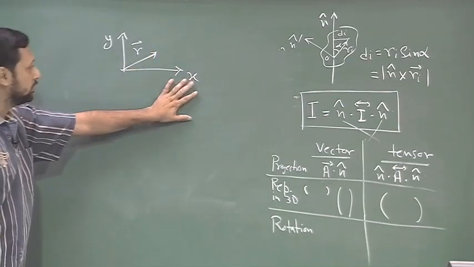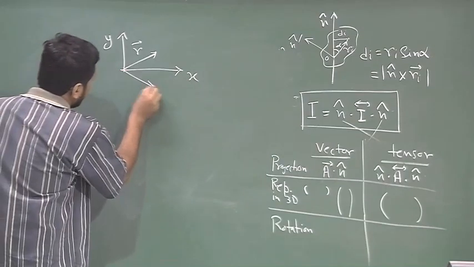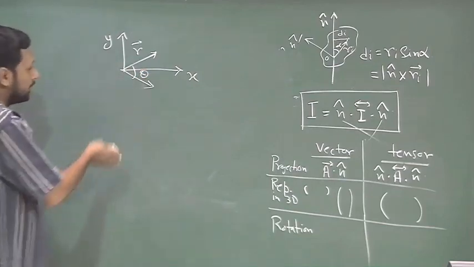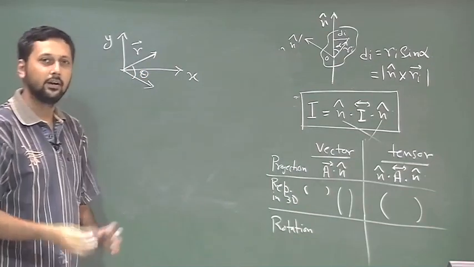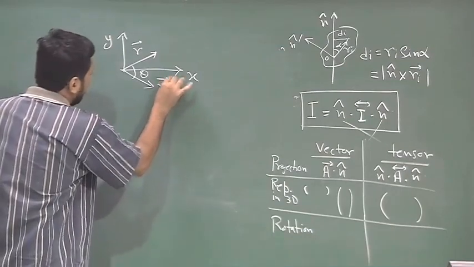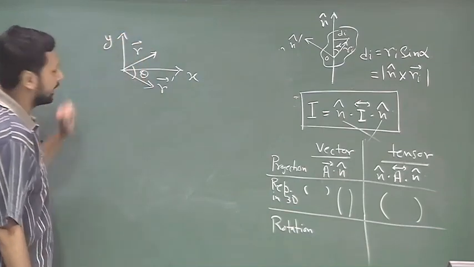I am just taking 2D because it is easy to demonstrate. Now, we want to rotate it by some angle theta, clockwise or anti-clockwise, it does not matter. So, now this new vector is called r dot. It is just the same vector rotated by an angle theta.